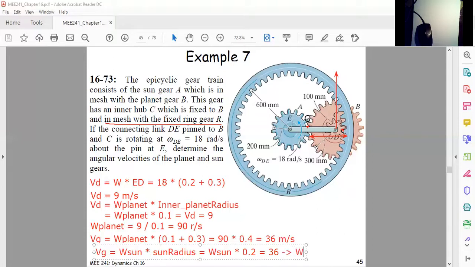Then omega of the sun is going to be equal to 36 divided by 0.2, which is 180 radian per second.